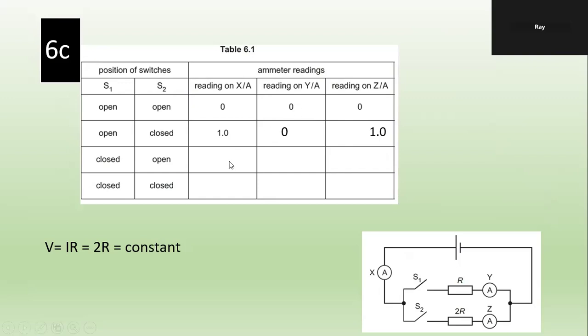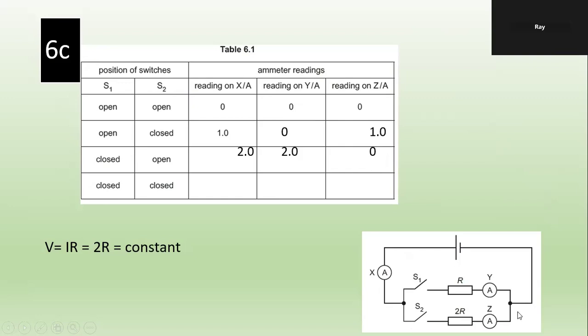And X is then what? 2, 0. Basically, the potential difference of the EMF is the same. So when you close S2, this is 1 ampere.